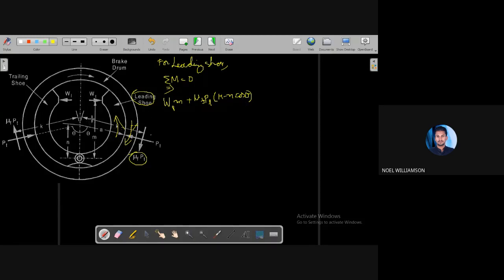You can do it later. Which is equal to PL into n sin theta.